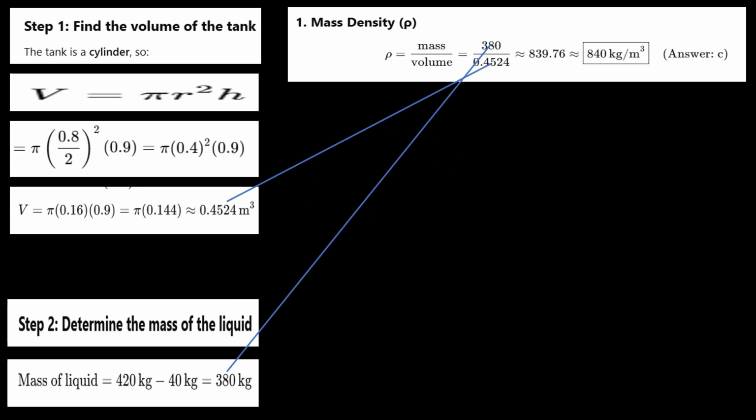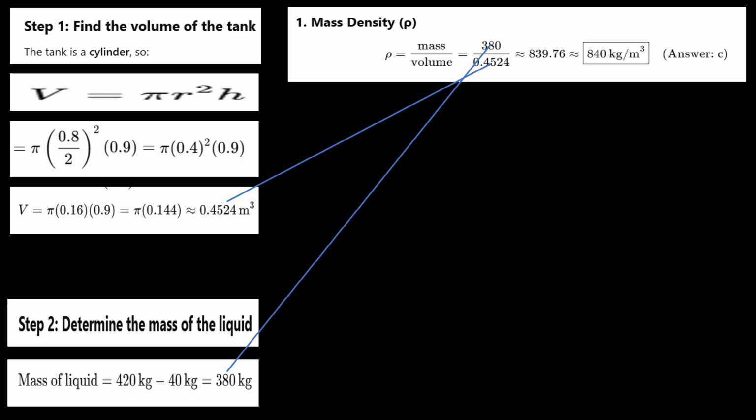Let us now proceed to the second question. We need to determine the specific volume. The specific volume formula, small letter v, is equal to 1 over mass density, or 1 over rho. Since we have already calculated the value of the mass density amounting to 840 kg per cubic meter, we can now simply determine the specific volume because specific volume is equal to 1 over rho, or simply 1 over 840.